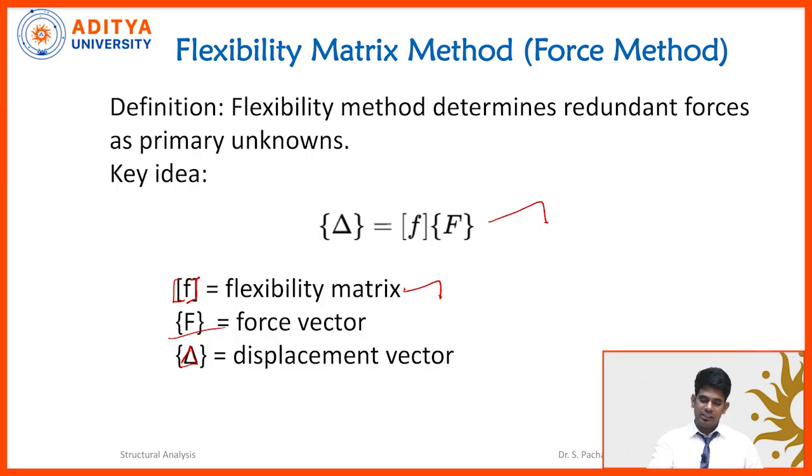So, in the matrix method of structural analysis, the matrix is represented by the square bracket, for example, the flexibility matrix, and the vectors are represented by the curly braces. Okay. So, displacement is nothing but the flexibility matrix multiplied by the force vector.